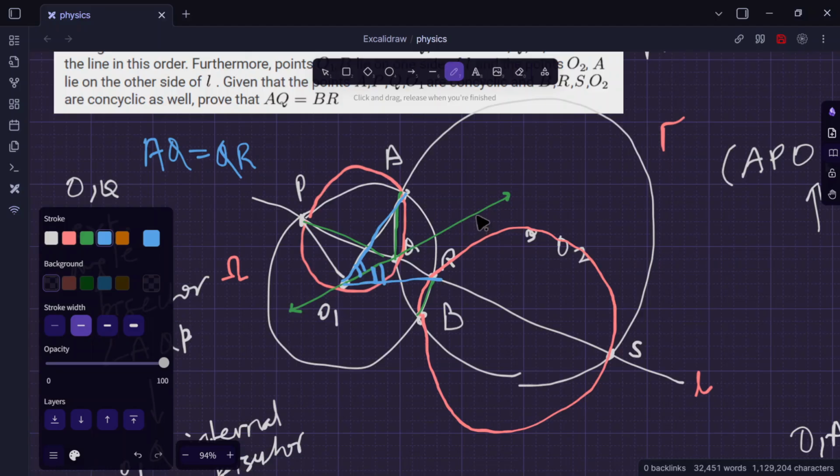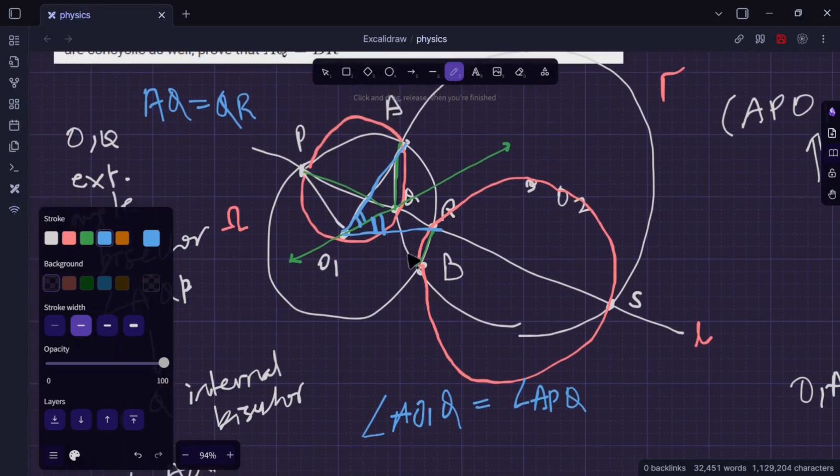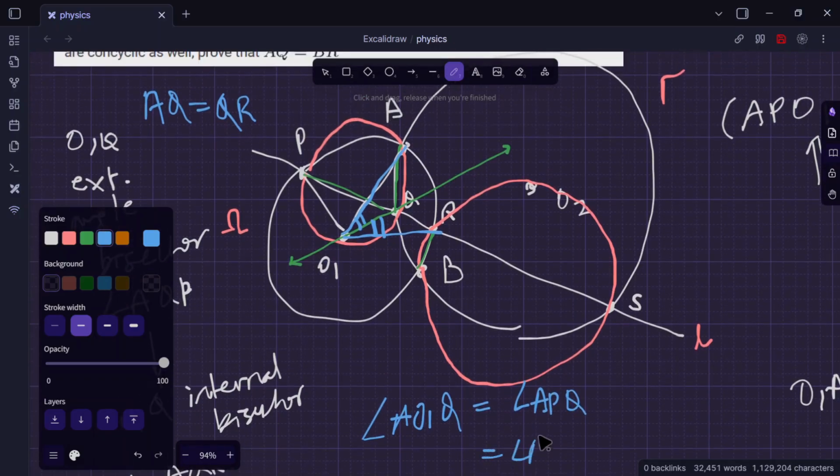But why is this true? For this, we'll do a short angle chase. Notice that angle AO1Q is equal to, since A, P, O1, Q are concyclic, angle APQ, and APQ is equal to angle APR, since P, Q and R are collinear. So what I've just shown is that AO1Q is equal to angle APR.